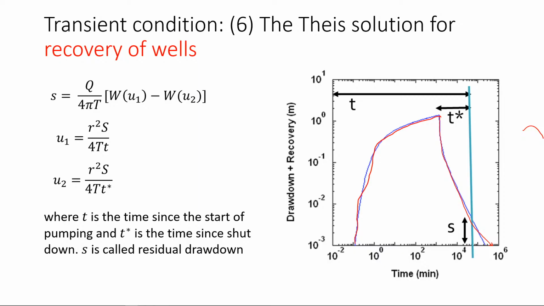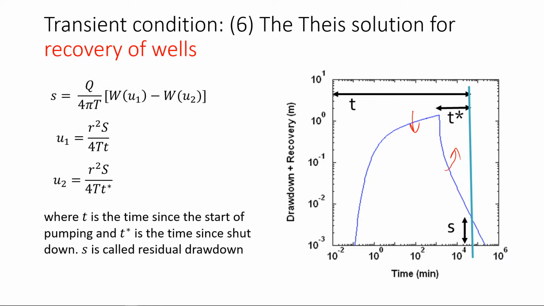The residual drawdown is the opposite or inverse of drawdown, it's recovery. That's when your water table goes up again. Then you will have two sets of data, and then you can analyze them.